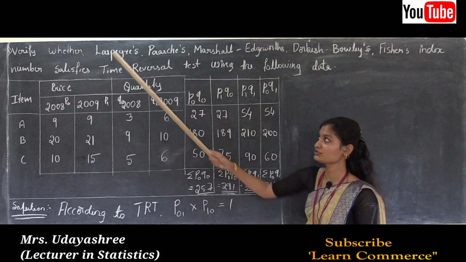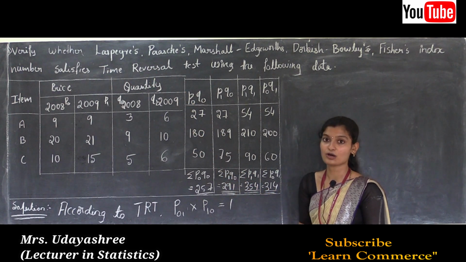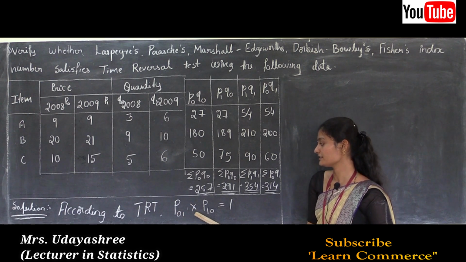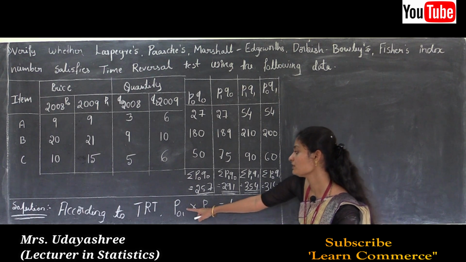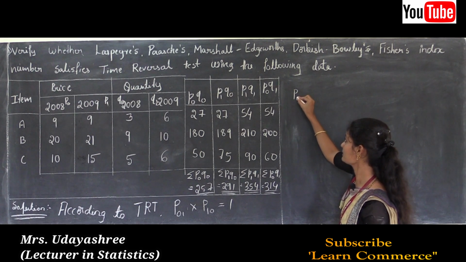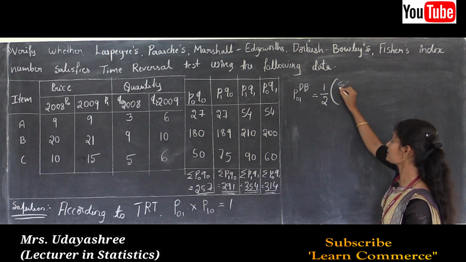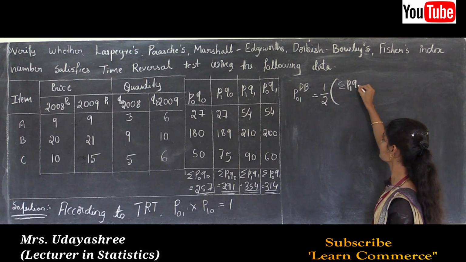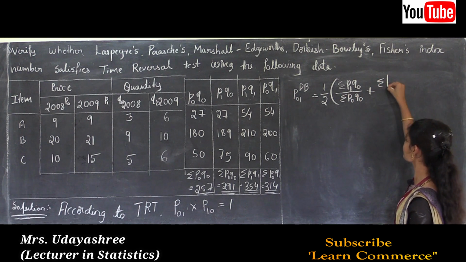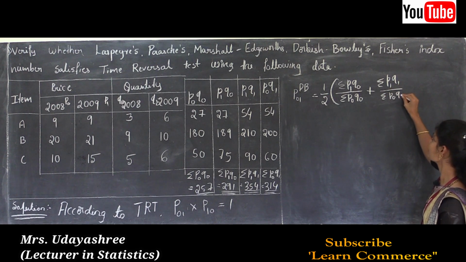Okay, next we are going to check whether the Drobisch-Bowley index number satisfies the time reversal test or not. The condition of the time reversal test is P01 into P10 is equal to 1. We know the direct formula of Drobisch-Bowley P01 is half into summation P1 Q0 divided by summation P0 Q0 plus summation P1 Q1 divided by summation P0 Q1.